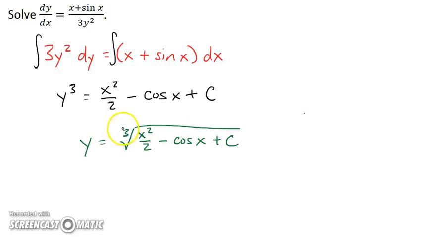And I would point out here that I don't need plus or minus because I took a cube root of both sides. That's a trick that I only use when I take even roots. So if I take the cube root of each side, I don't need plus or minus. It turns out that the only way to get a positive thing if you cube it is to have had a positive thing to begin with.